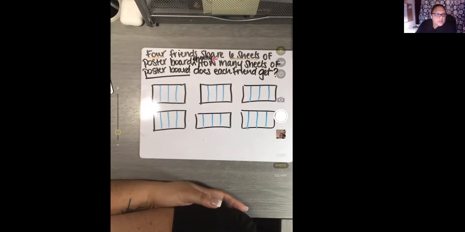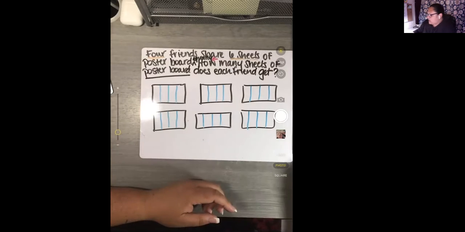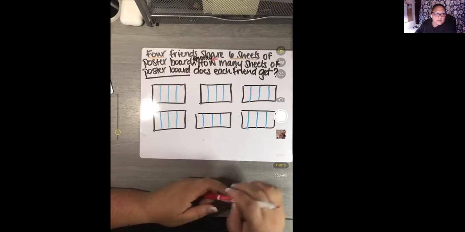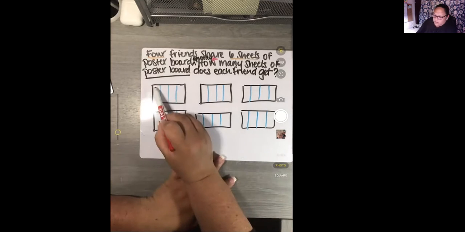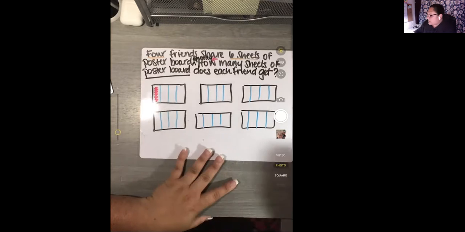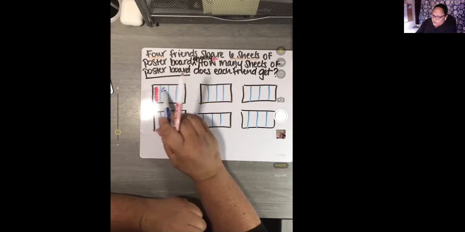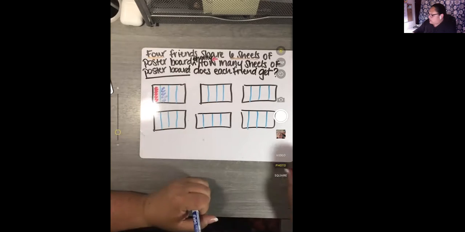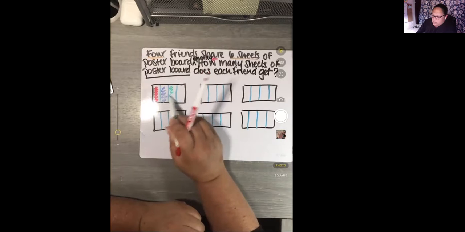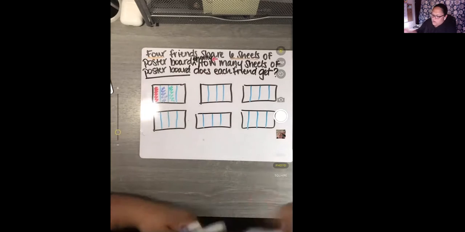So each friend's share of 1 sheet, each friend gets 1 piece. I'm going to use 4 different colors. 1, 2, 3, 4.